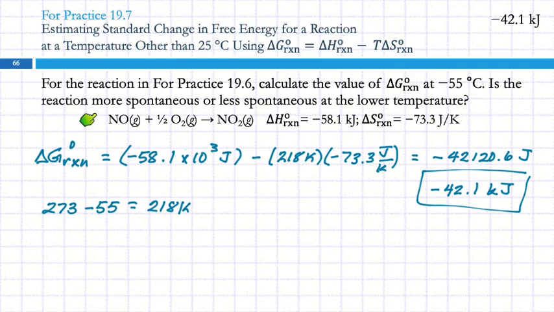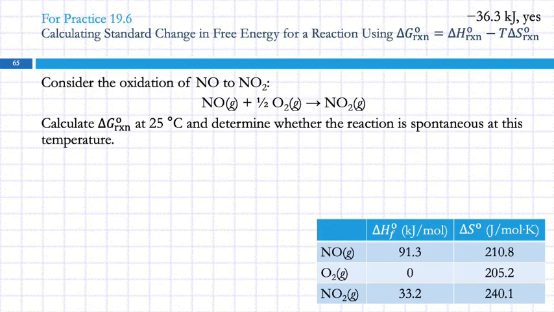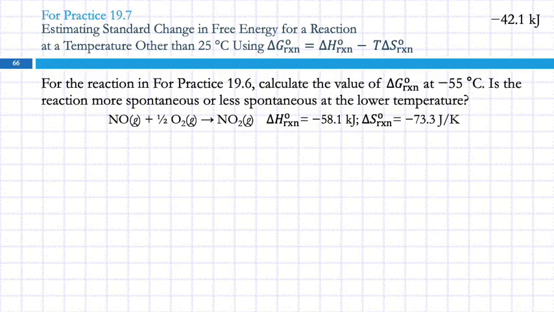How do we tell if this is more or less spontaneous than the previous one? Is it more negative or less negative? Well, that was negative 36. This one's negative 42. This is more spontaneous at the lower temperature.